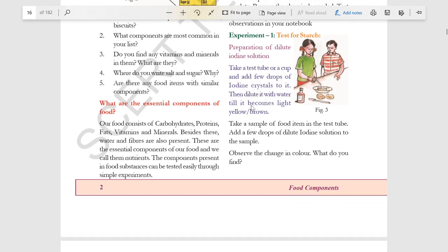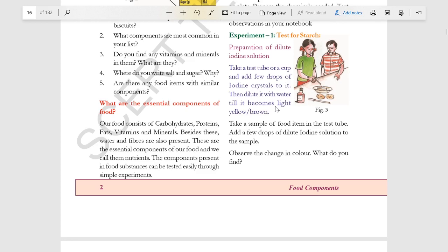What you will do is cut a potato into two equal halves, or take a small amount of potato, and drop a few drops of iodine solution onto it, and it will change its color from yellow brown. It becomes what color?